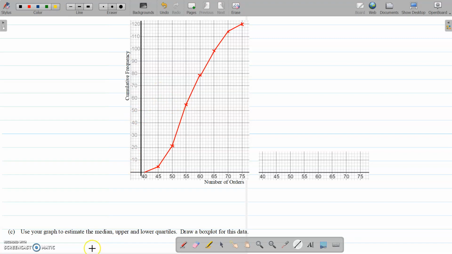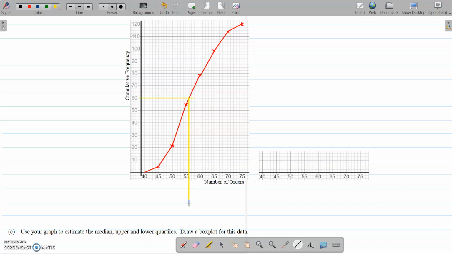Now there's 120 data points, so the median is the middle one, the 60th one. So at 60 you project a line across, hit your graph, and then drop straight down. And I'm deliberately going to just extend it through. You'll see why in a moment.